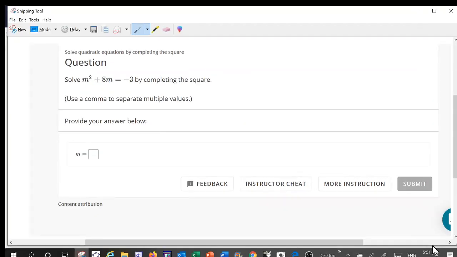So here, m squared plus 8m. Now that number right here is not going to work for us. So I'm not going to even bring it to the left, because it would be hard to find two numbers, you multiply, you get negative 3, and you add, you get 8. So forget about that, right? So we're going to keep the negative 3 on that side.